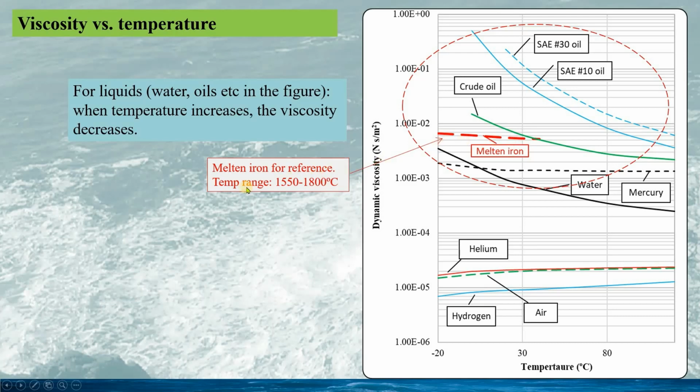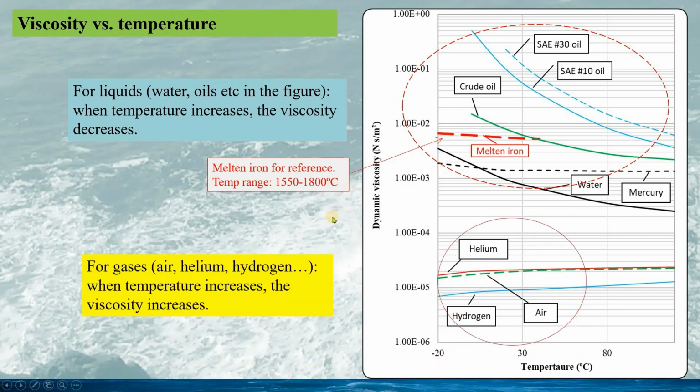But it should be noted the temperature range is for 1550 to 1800 degrees. For the gases, air, helium, and hydrogen, we can see that when the temperature increases, the viscosity increases.